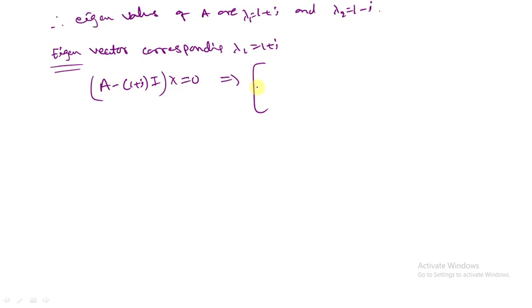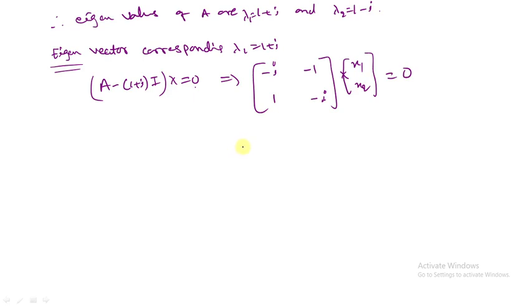The A matrix is [1, -1; 1, 1], so 1 minus (1 plus i) is minus i, and the matrix becomes [minus i, minus 1; 1, minus i] into x, where x is x1, x2, equal to 0. Now solve this one.